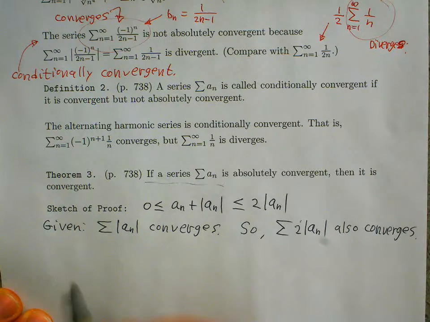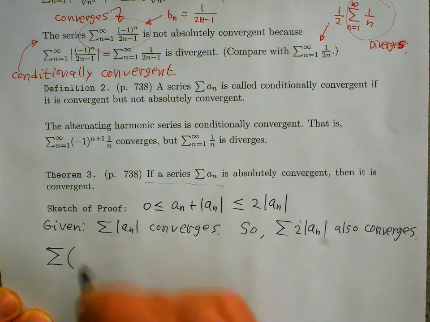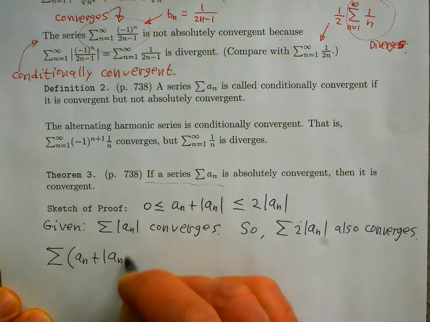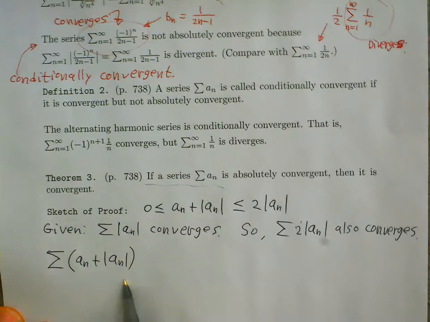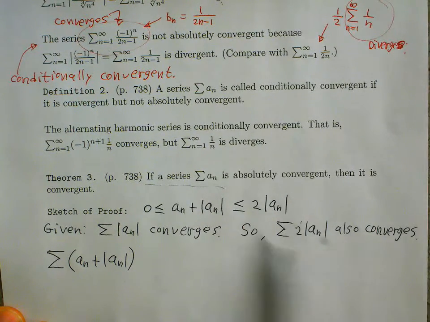By the comparison test, this series, a sub n plus the absolute value of a sub n, converges because the terms are less than or equal to 2 times the absolute value of a sub n.